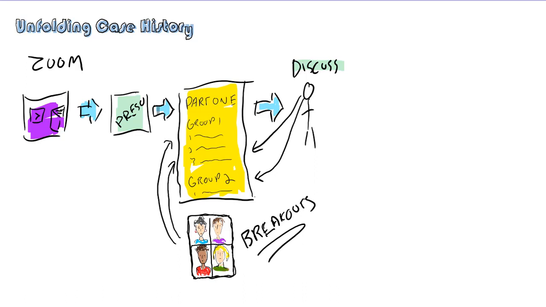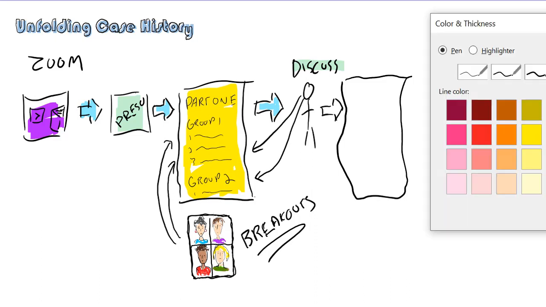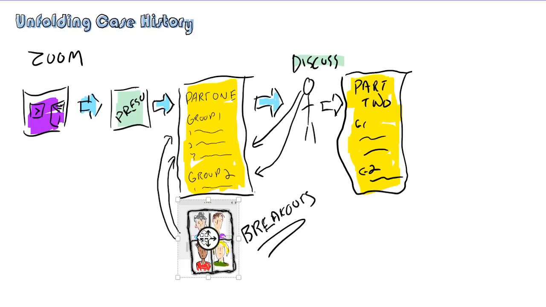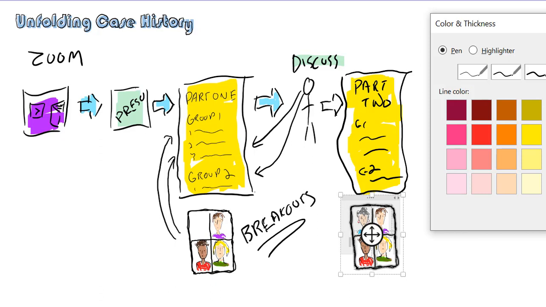And then, as they say, lather, rinse, repeat, right? Send them out, part two. They go a little further into that scenario. They make more decisions. Their understanding of the situation evolves, but you do basically the same thing. You come back, you discuss, and you talk, right?